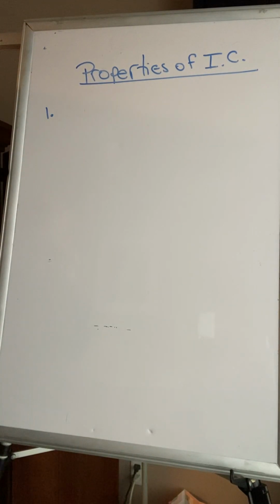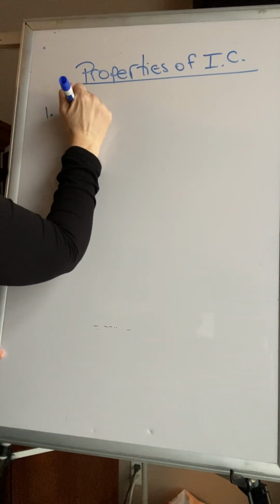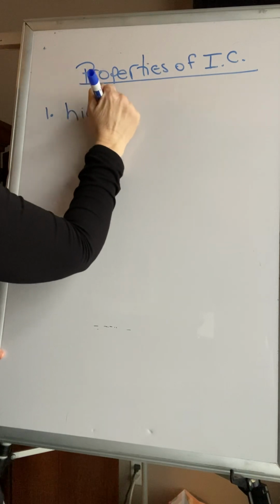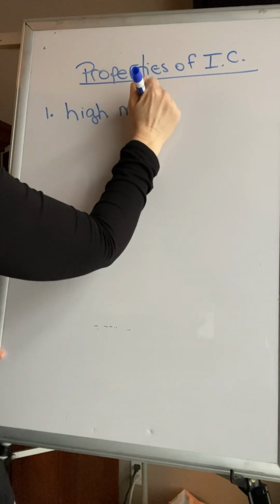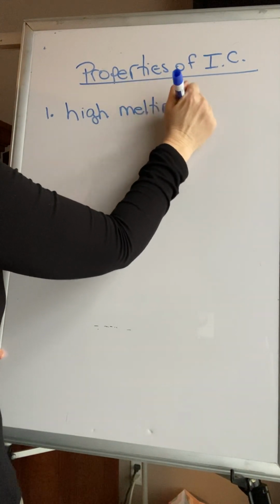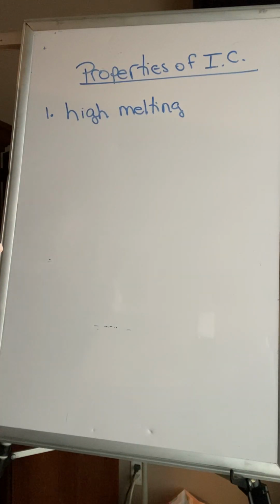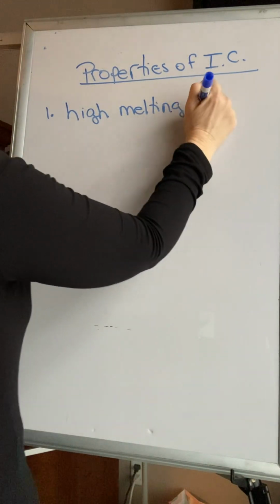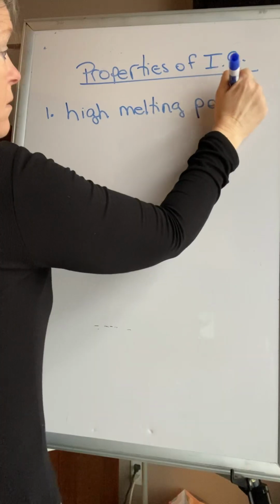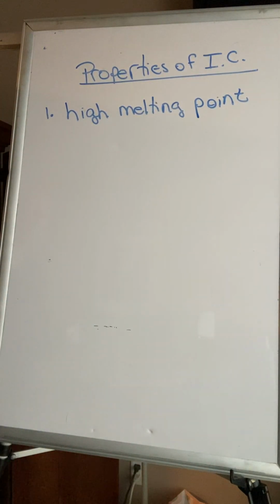One of the properties that we talked about is high melting point. Now, the last time that we really talked about this and took notes on it was our last NTI day. So, high melting point. Now, we did demonstrate this in the lab.